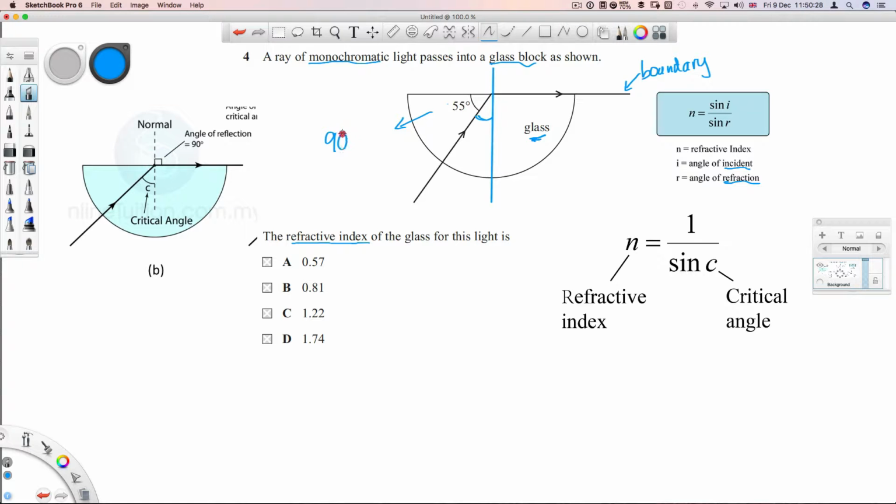So 90 take away 55 equals 35 degrees. Okay, so that's the angle of incidence here, 35.